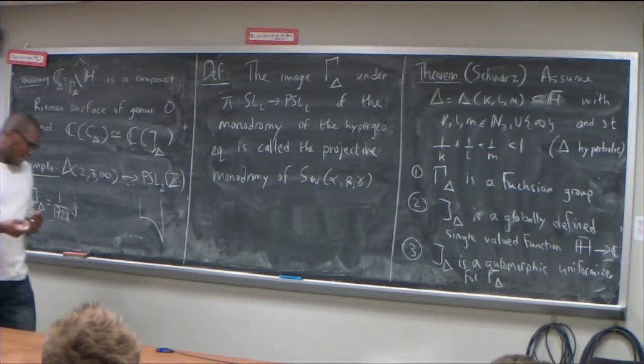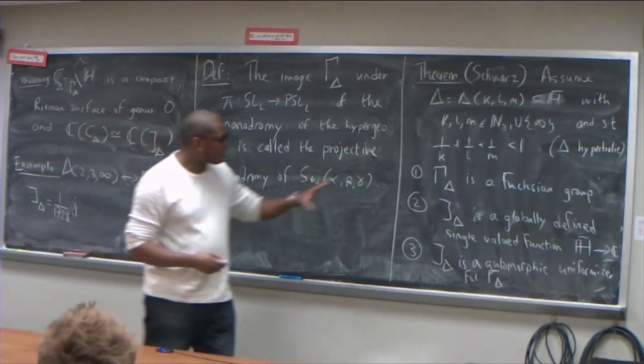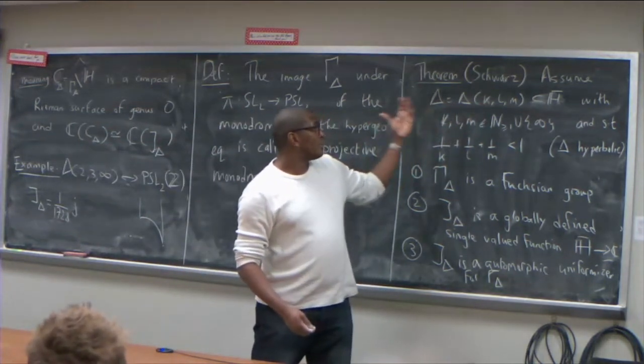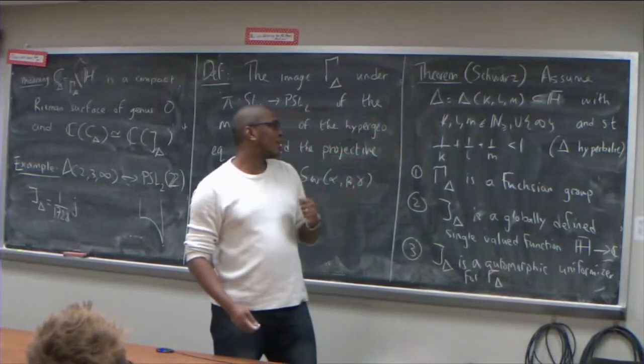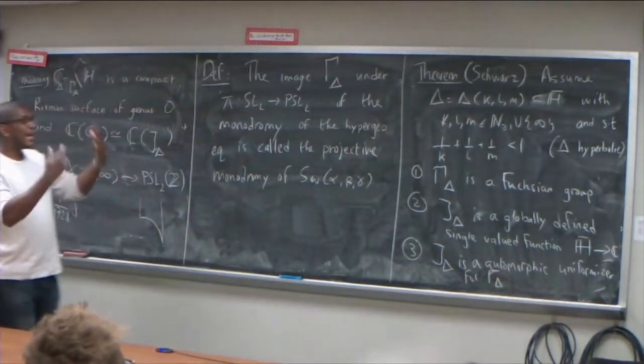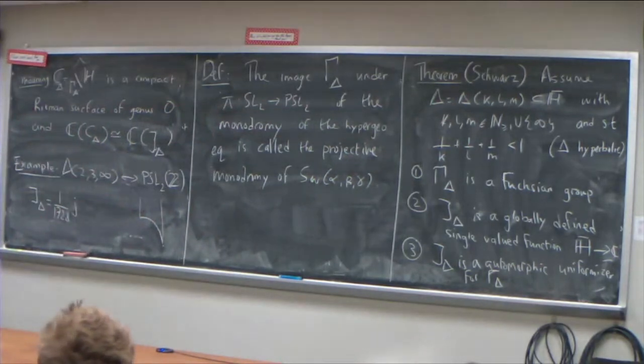What we see here is that we have quite a large family. Whenever you have natural numbers, with infinity, satisfying this relation, you get a Fuchsian group and a nice uniformizer.